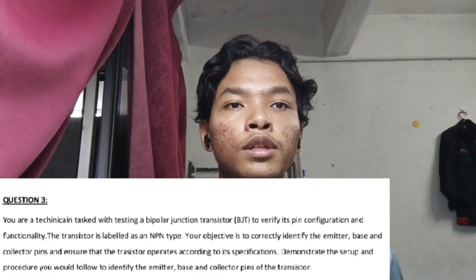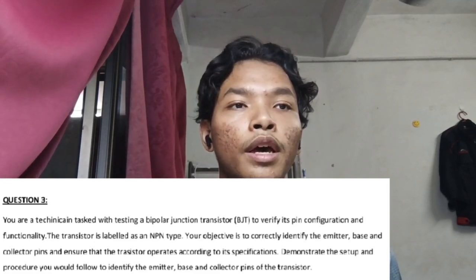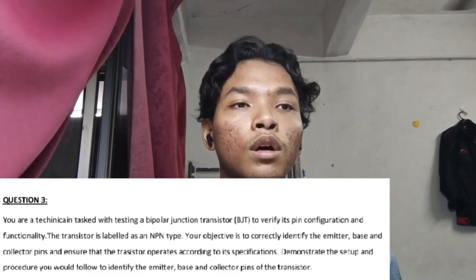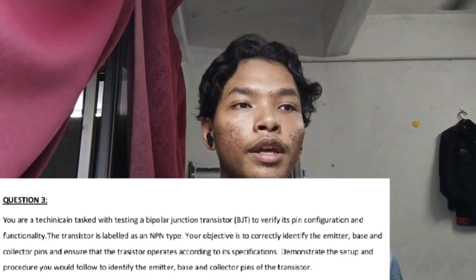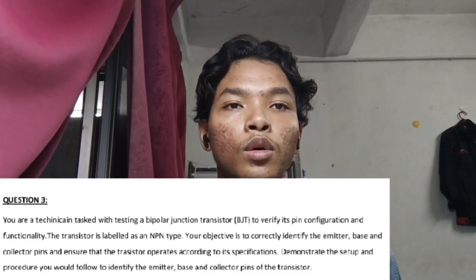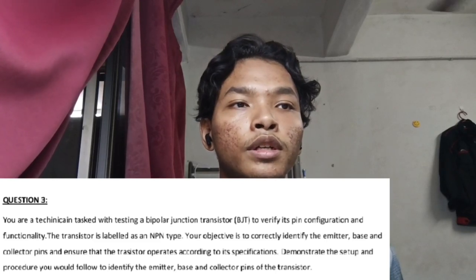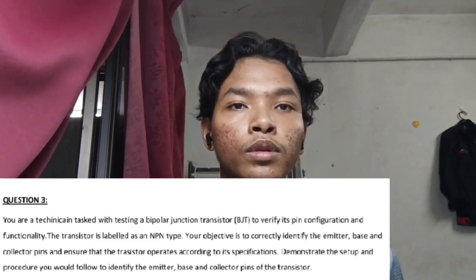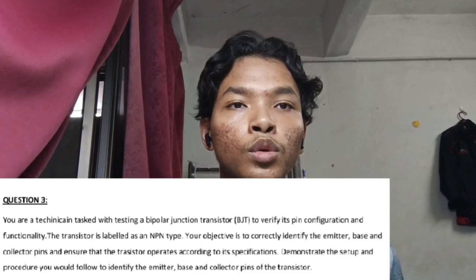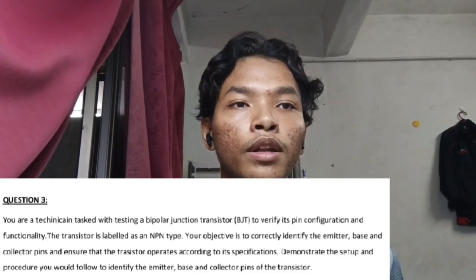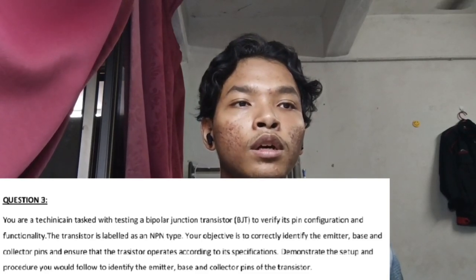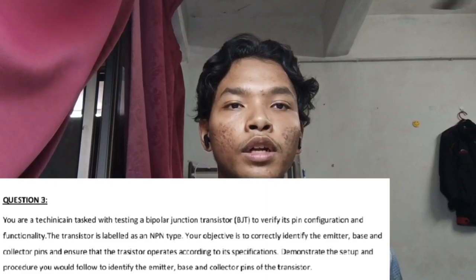Your objective is to correctly identify the emitter, base, and collector pins and ensure that the transistor operates according to its specification. Demonstrate the setup and procedure you will follow to identify the emitter, base, and collector pins of the transistor.